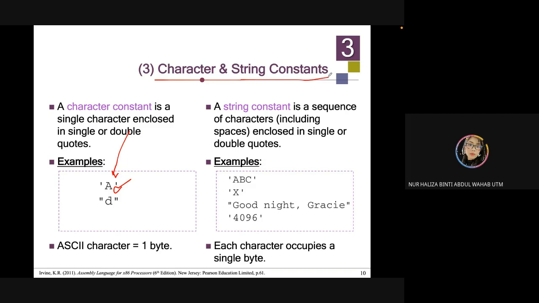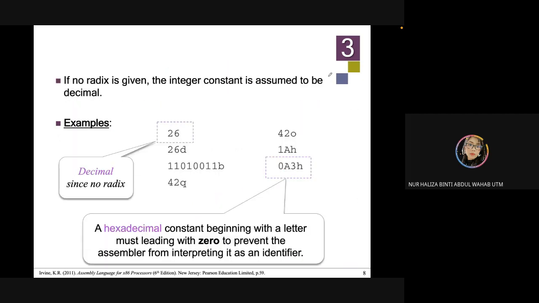That's why when you want to inform your machine that this is a number, and you have a hexadecimal, you need to make sure that the leading or first value of your number, if it is a letter, you need to add 0 in front, because 0 won't affect your magnitude or your value.